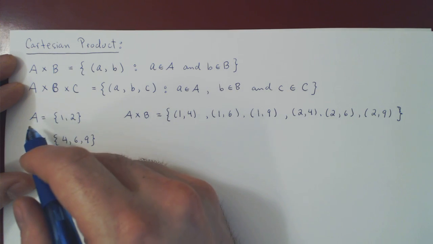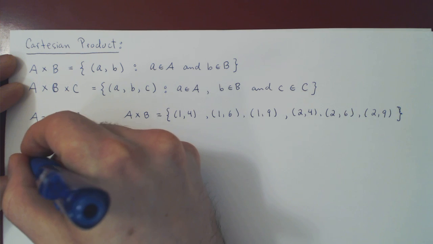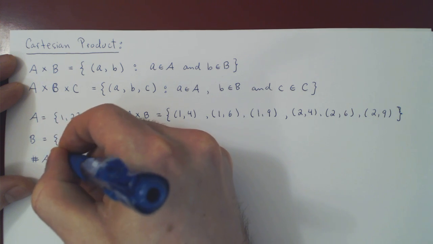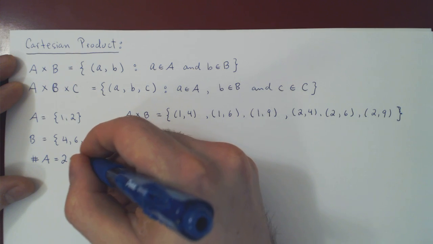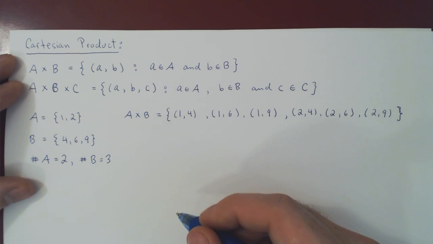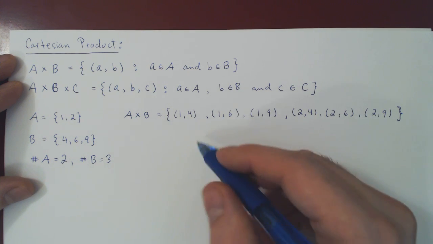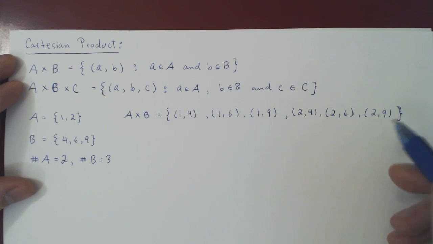Now, let's see. A had 2 elements. So the size of A is 2. B had 3 elements. The size of B is 3. Let's look at now counting the size of A cross B, or A times B. 1, 2, 3, 4, 5, 6 elements.